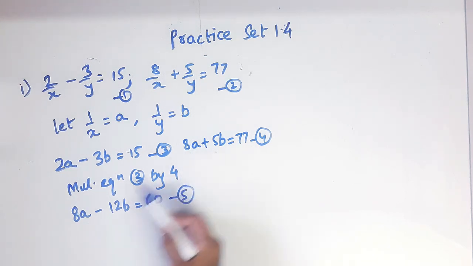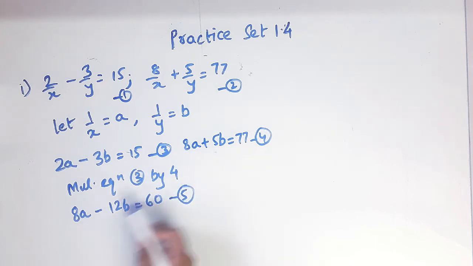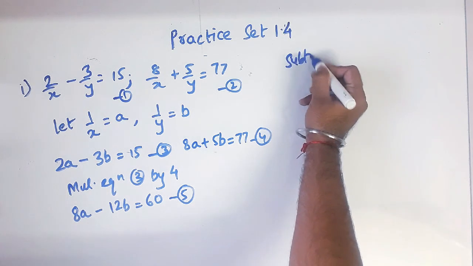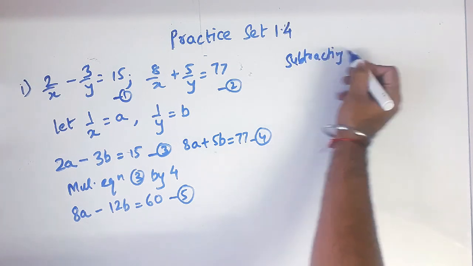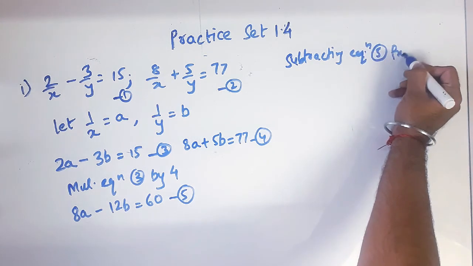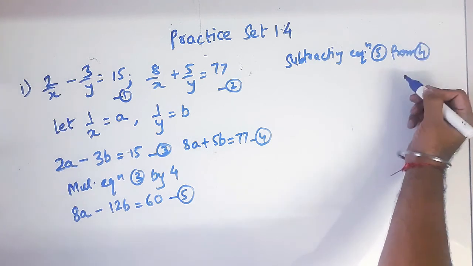Now you can see 8a and 8a; if I add, it will become 16a. So what we have to do is subtract them, subtracting equation 5 from 4.